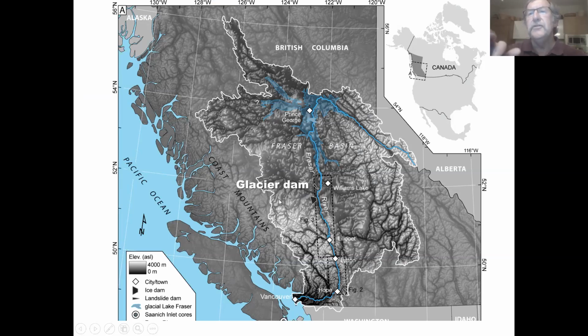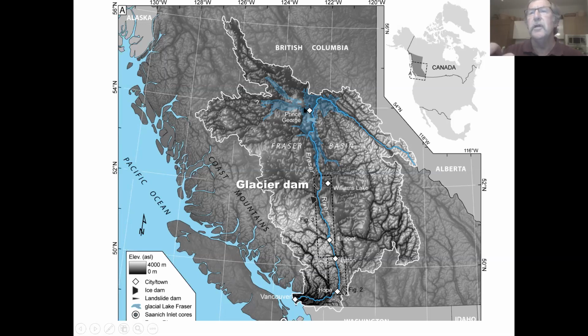And during deglaciation, as this interior basin was becoming ice-free, there was still ice extending across what is now the Fraser River and forming a dam that impounded this huge, huge glacial lake that extended more than 100 kilometers to the north, backed up into the Rocky Mountain Trench into what we call the Robson Valley, and extended westward to and past Vanderhoof, a community that's about an hour's drive west of Prince George.